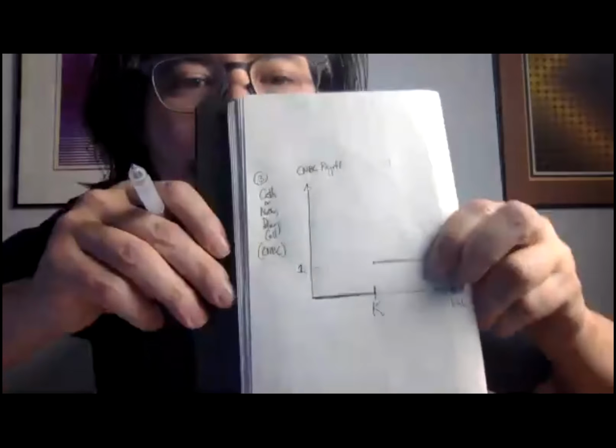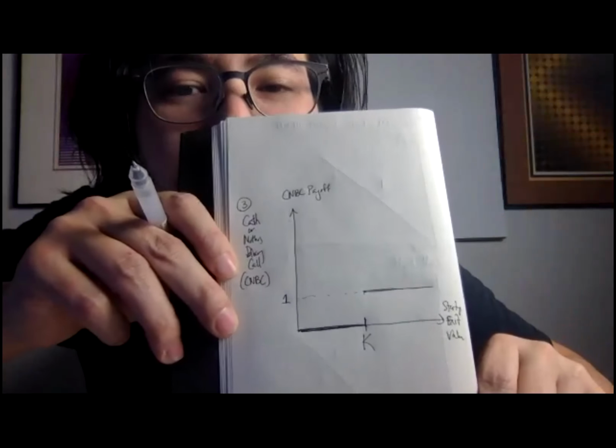By the way, that's the exact same thing as what you have with a normal call option, right? But with the CNBC, the moment you are at or equal to K as an exit value, you jump up and you get exactly $1.